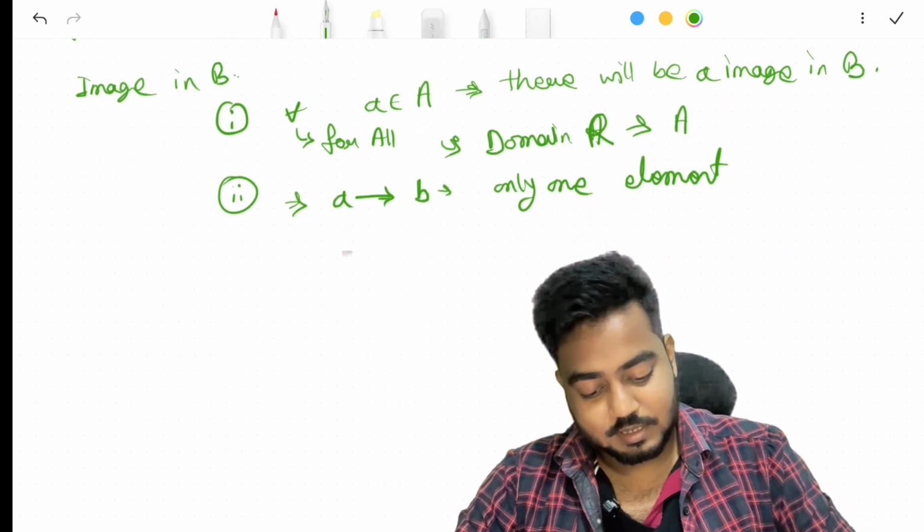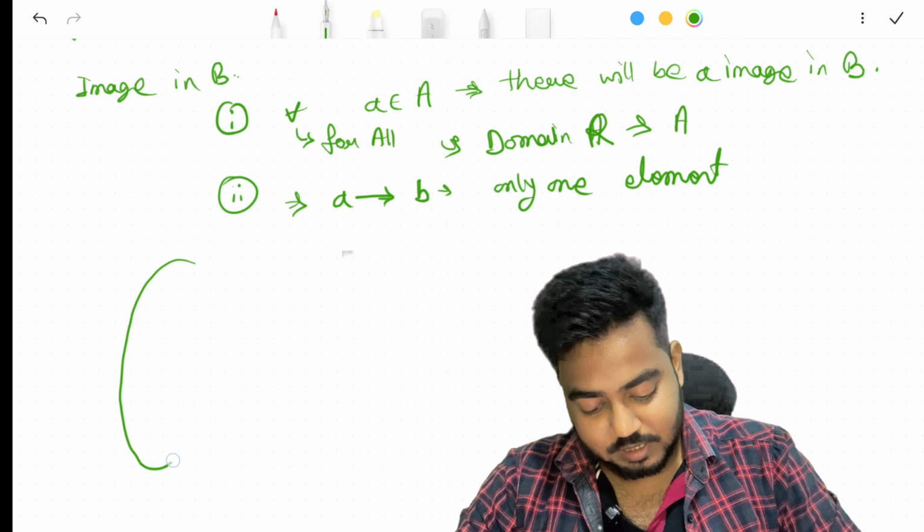Let's see the picture. What does it tell?